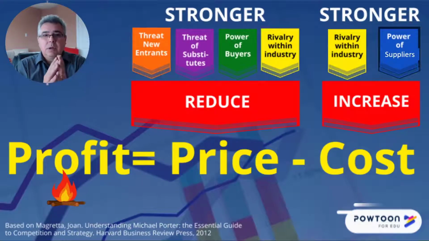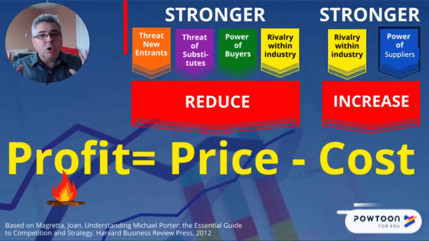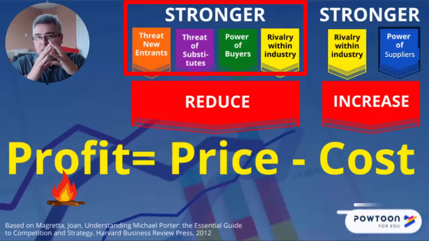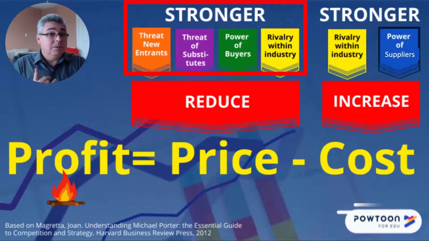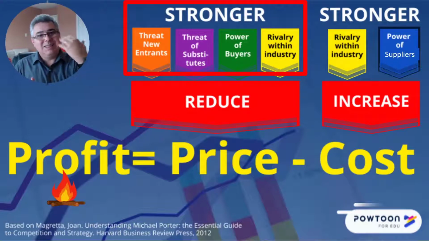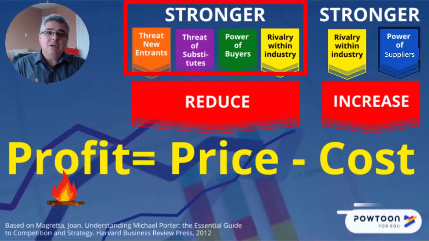We have the 5 forces, and all of them are very strong forces. Say the threat of a new entrant is strong, so it's easy to get into the market. Threat of substitutes: there are a lot of substitute products that can replace the traditional product by fulfilling the needs of the client. The buyers have a lot of power because they have options.